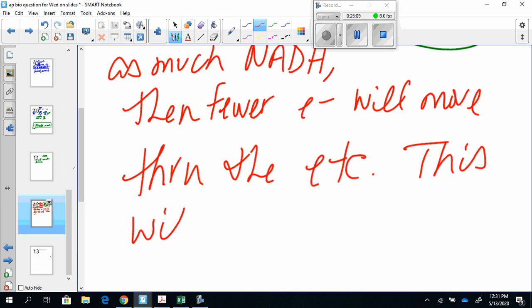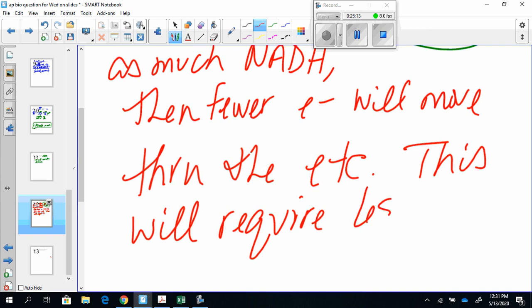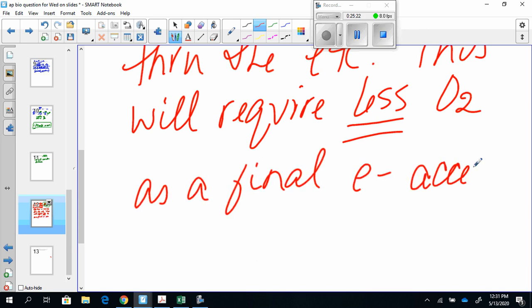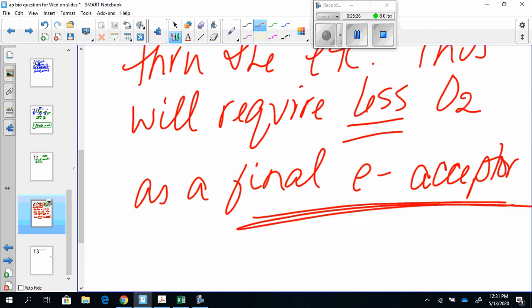This will require less O2 as a final electron acceptor. Now, that's really important because you're showing that you understand the use of the oxygen. The oxygen is used at the end to take the electrons, and if the electrons weren't lost from NADH in the first place, you are not going to need as much oxygen. So that's why I would say it's going down.